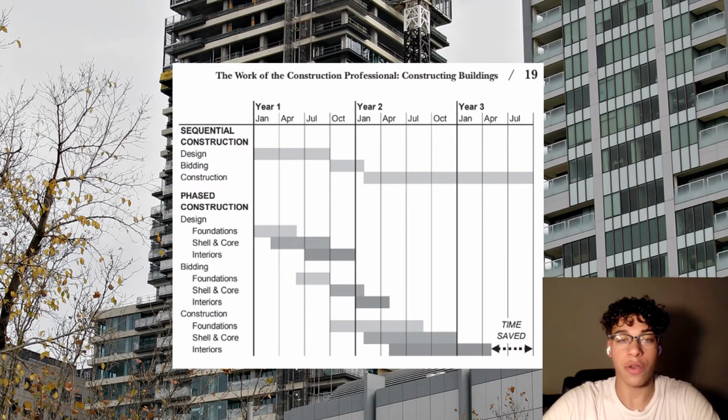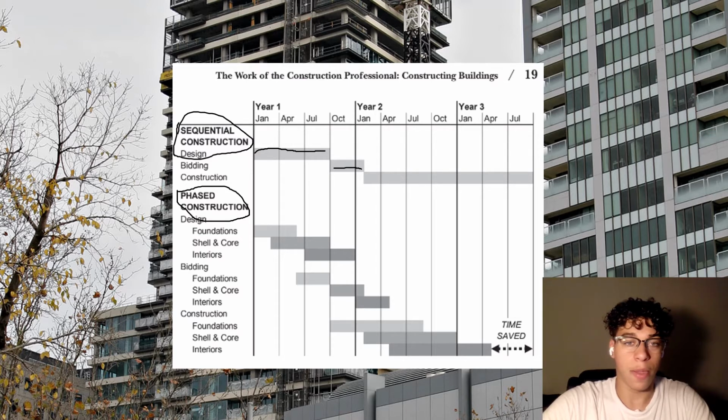All right, so here this shows two different types of construction, which is the sequential construction and the phased construction. The sequential construction means a sequence. So here we see how design starts the first year.